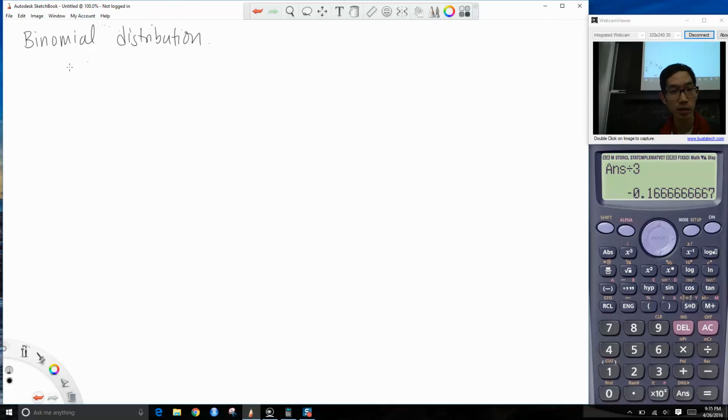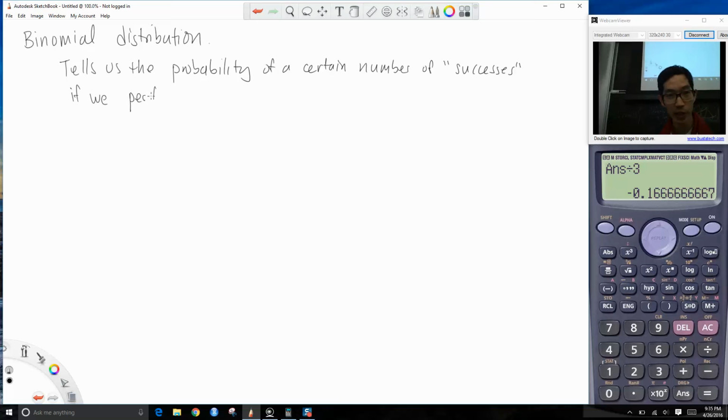So it tells us the probability of a certain number of, quote, successes if we perform repeated trials of the same thing.